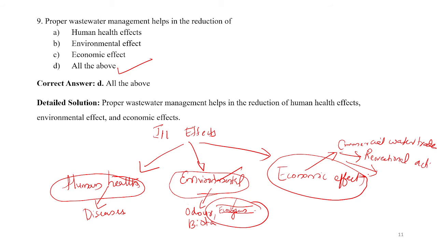Then we will have more industrial setups coming up if we have access to clean water. So proper wastewater management is essential to remove any kind of human health effect, environmental effect, as well as economic effect. So this is all about this question. Let's move on to the next question.